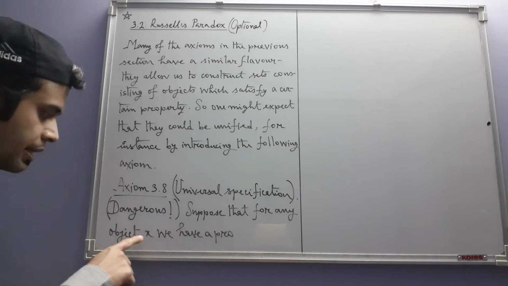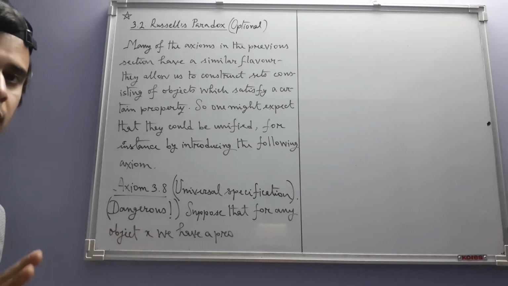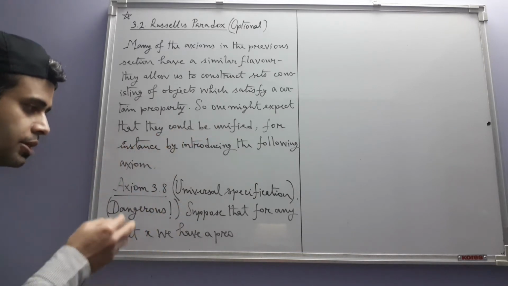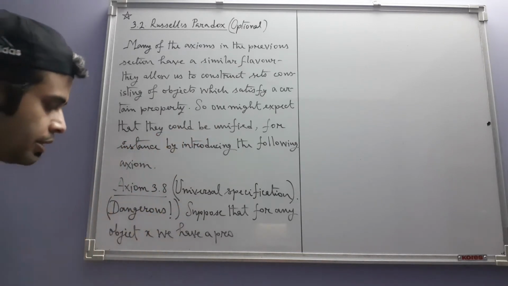Now this object x is not coming from any set, like in the axiom of specification; in universal specification it's any object x.